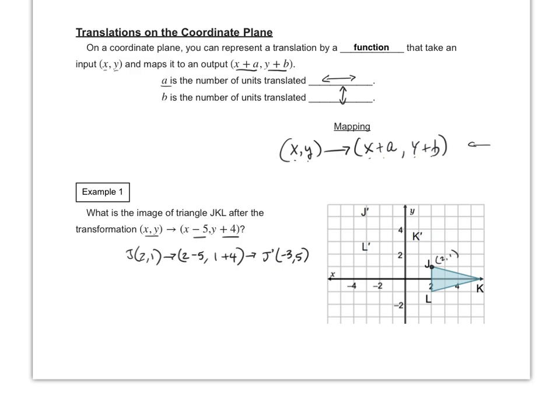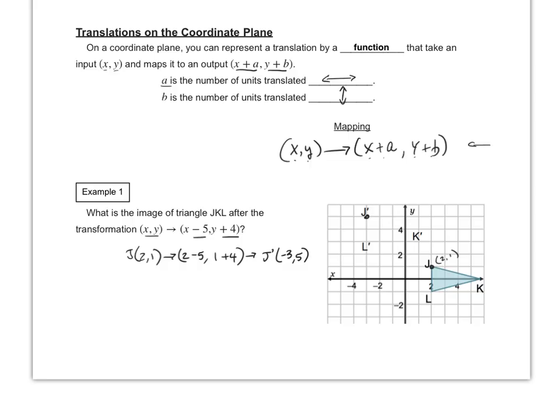So that is how we can do it mathematically. We can also count it. Look at my x move -5. So I start here and I go -5 on my x value: 1, 2, 3, 4, 5. My y value moves +4: 1, 2, 3, 4. And that is my location, right there. Should be (-3, 5). So that's how we can do that.